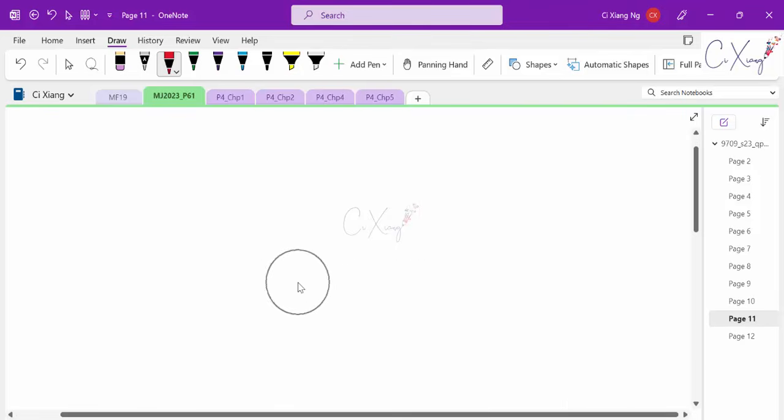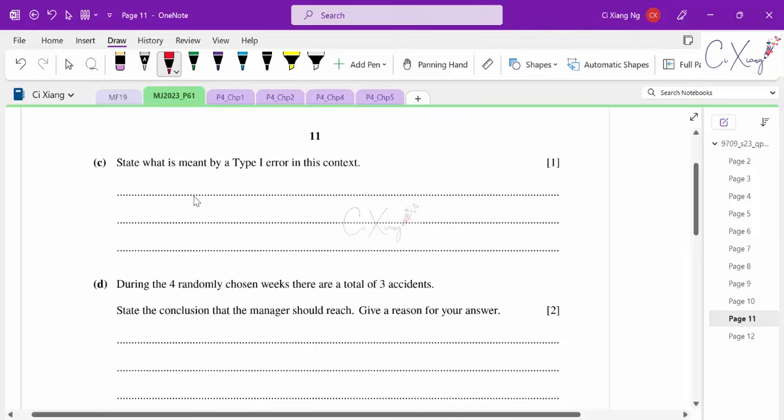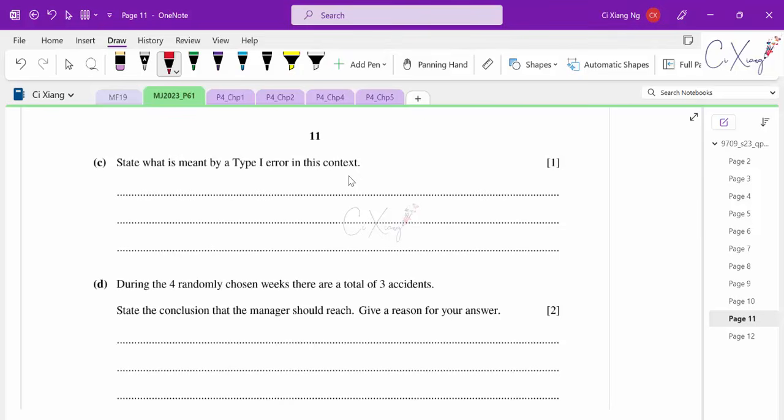Okay, so for part C, they are asking us what is the meaning of type 1 error in the question context. Of course we cannot just write out a general definition where type 1 error is reject the null hypothesis when the null hypothesis is true. So we have to rephrase it in a sentence that's related to the question.